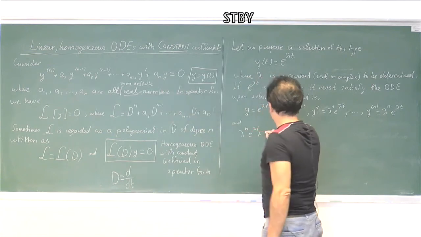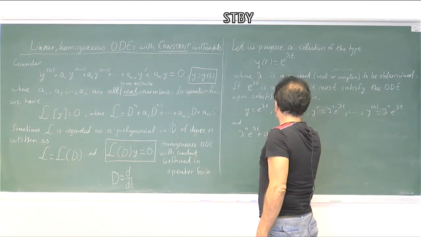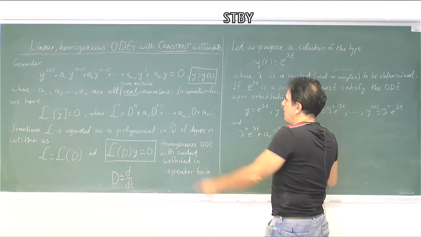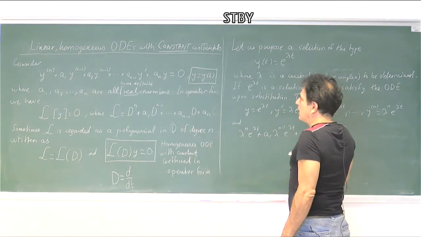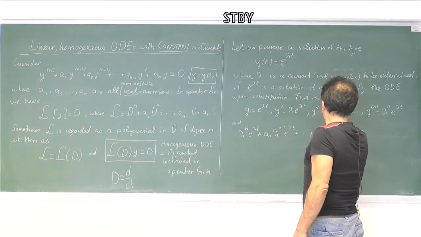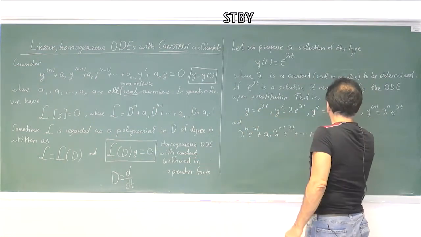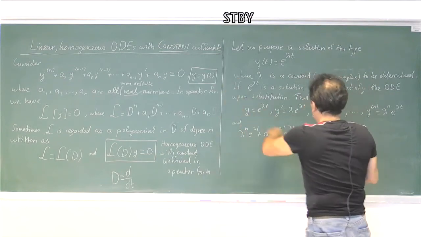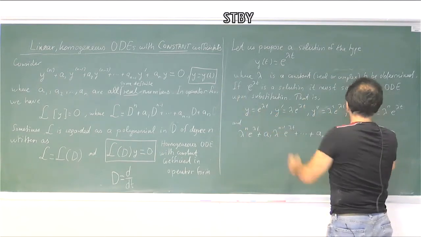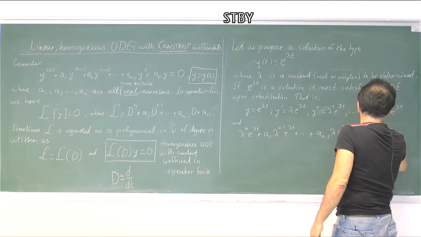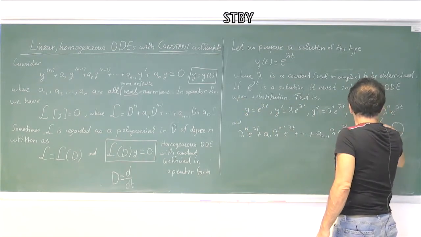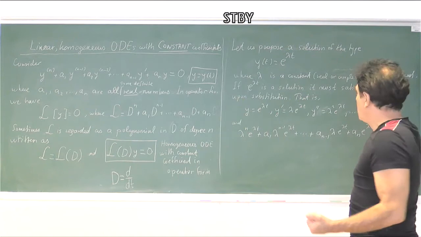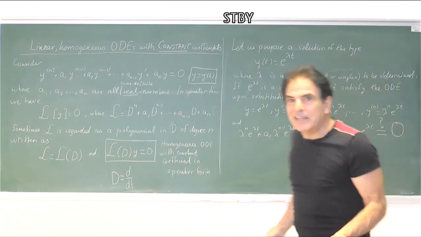The next term is a1 lambda to the n minus 1 e to power lambda t, and so on, up to a n minus 1 y prime, which is lambda times e to power lambda t, and a n y, so a n e to power lambda t, must be 0. I'm not sure if this is the case, but it must be 0 if e to power lambda t is indeed a solution.